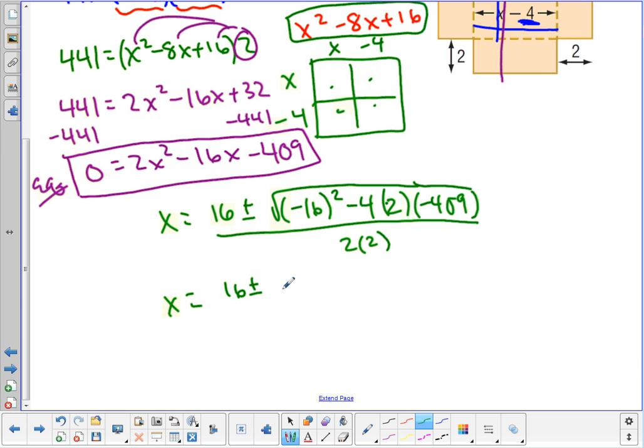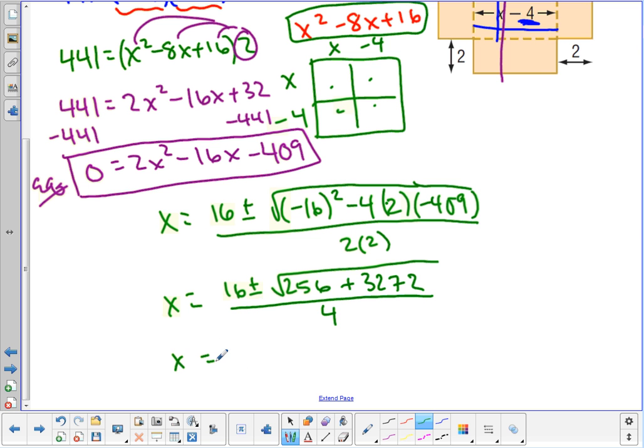16 plus or minus negative 16 squared is positive 256. And then negative 4 times 2 times negative 409 was positive 3,272. And you can be plugging these all into your calculator as I go through them to make sure that you get the same answers that I do.